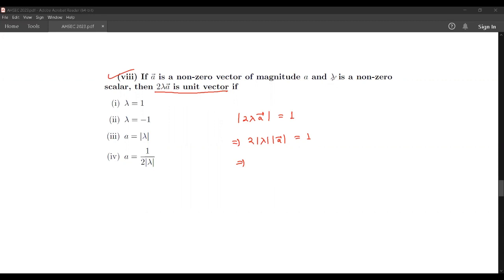It is given in the question that this lambda is non-zero, so I can shift this to the denominator on this side, by cross multiplication. So this will be 1 by 2 lambda. And it is given that small a is the magnitude of your a vector, so this a vector magnitude can be replaced by small a. So your option number 4 is the correct option.